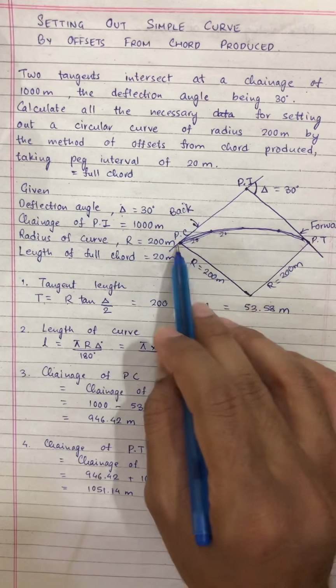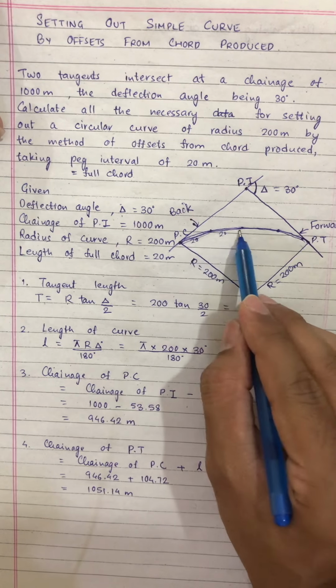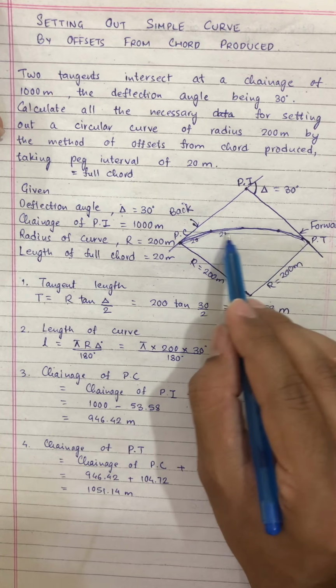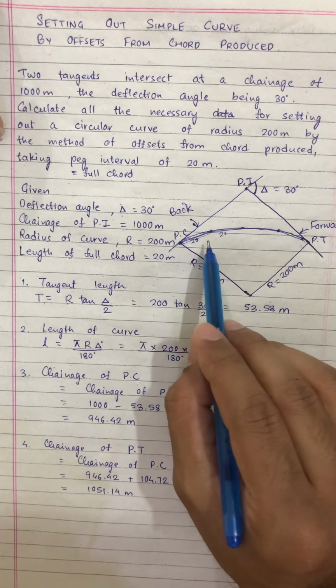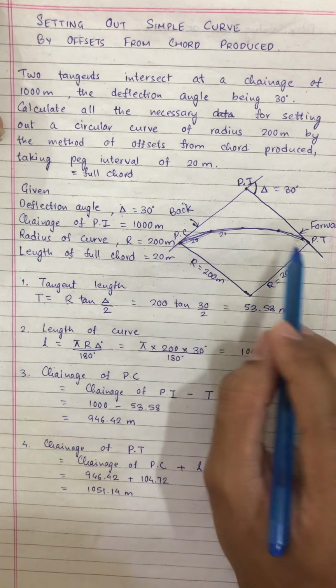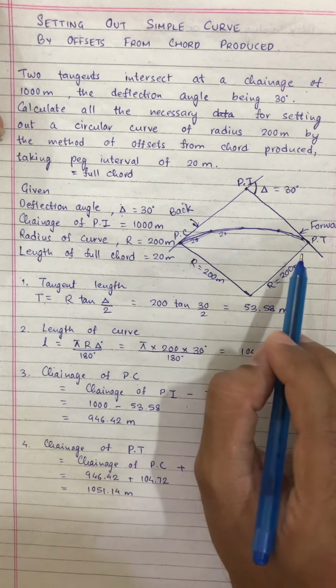For example, this is the curve and here there are a number of chords. So how many chords have to be set up, that we have to find out.